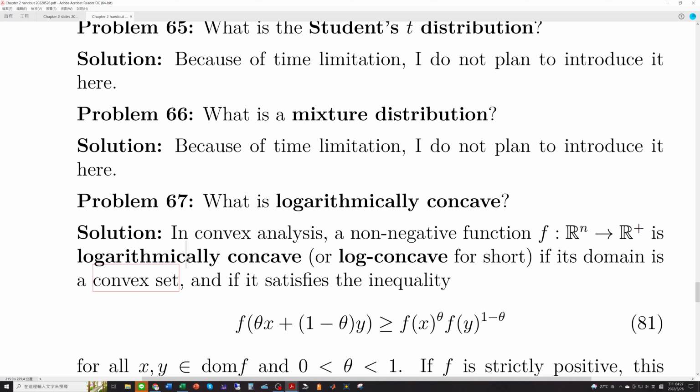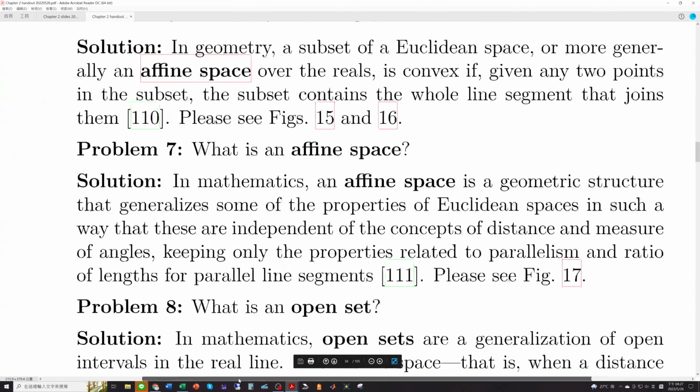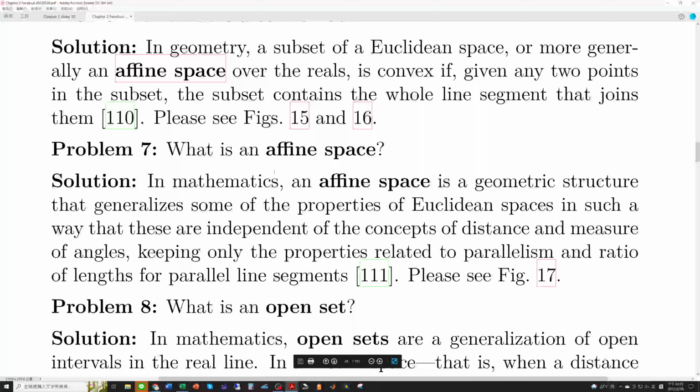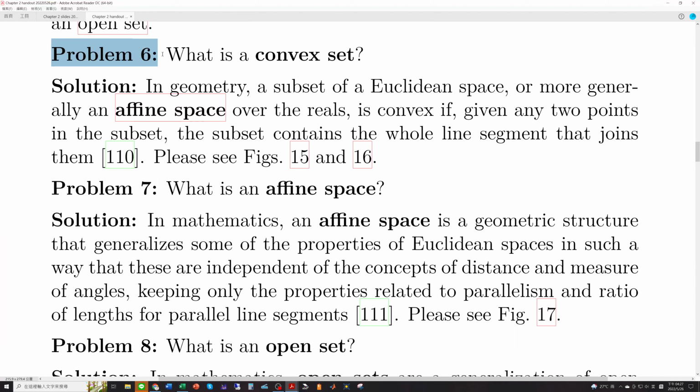What is a convex set? You can click on this hyperlink, and the handout will jump to here. Problem 6, what is a convex set?